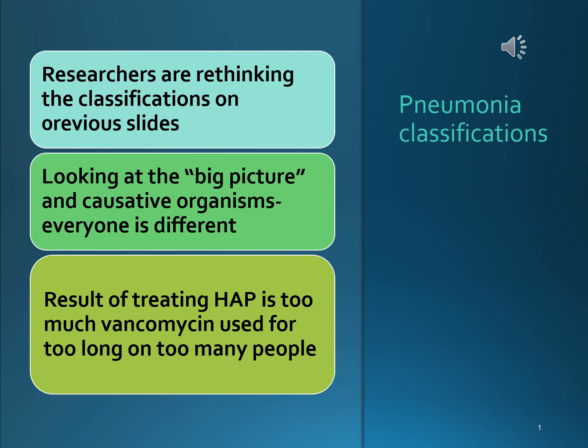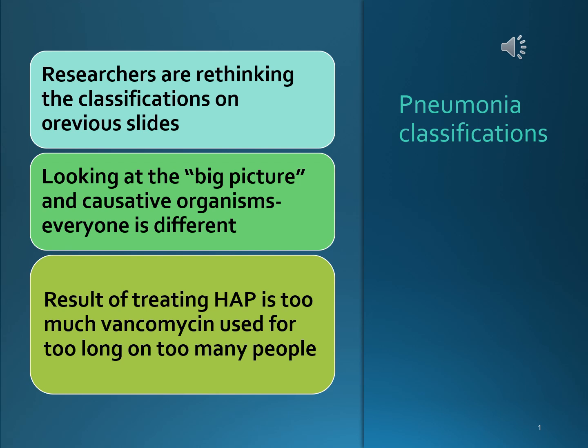What we have done is we have looked at healthcare associated pneumonia or hospital acquired pneumonia and lumped it all into one big bucket and assumed that it's probably going to be MRSA or some other antibiotic resistant organism. And the truth is, researchers have found very little of it is MRSA.